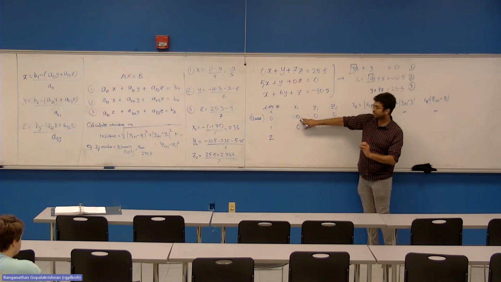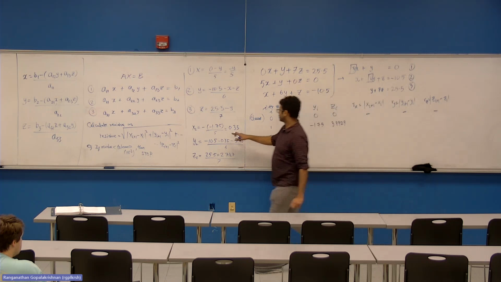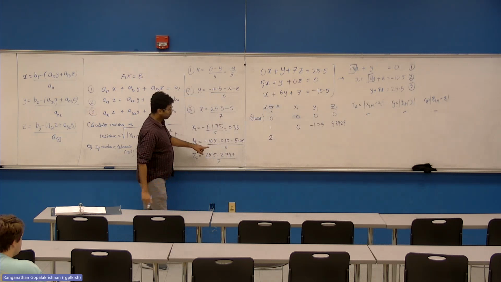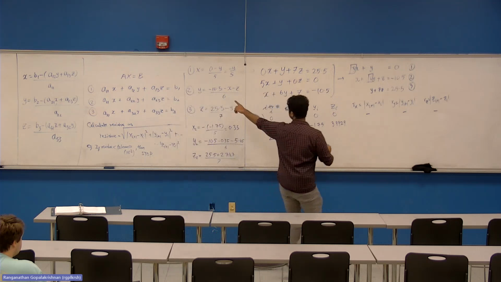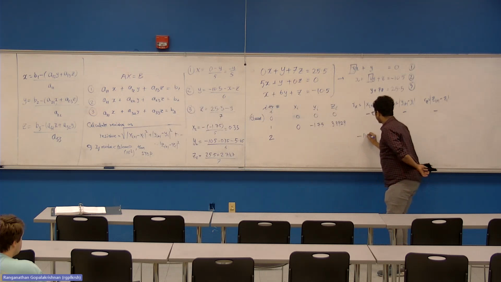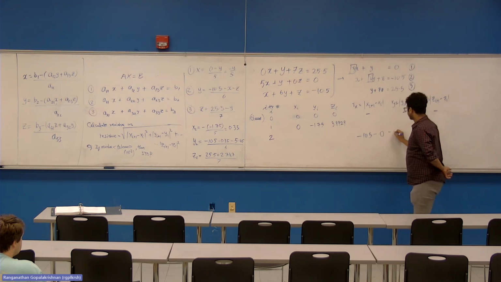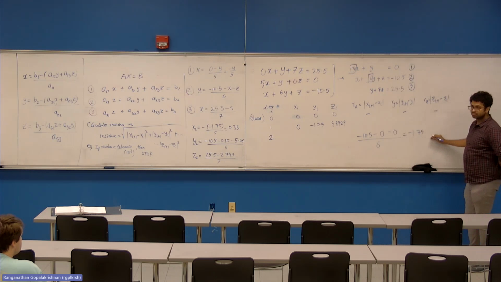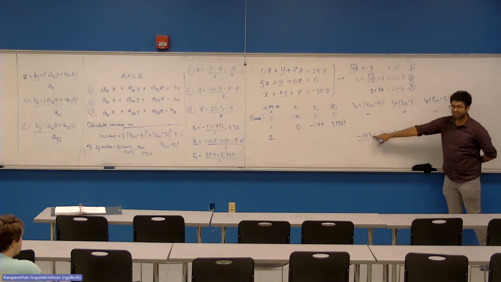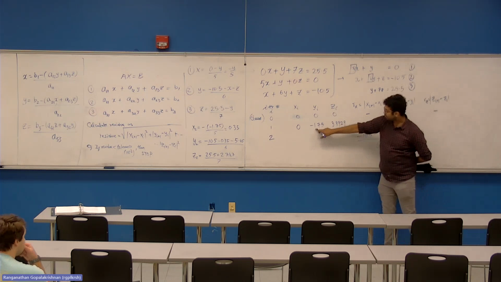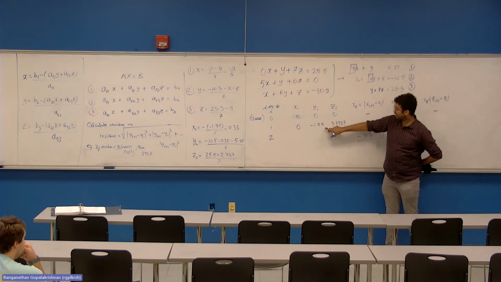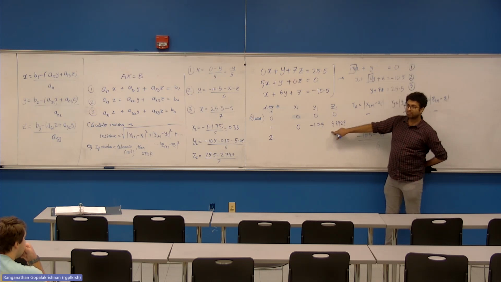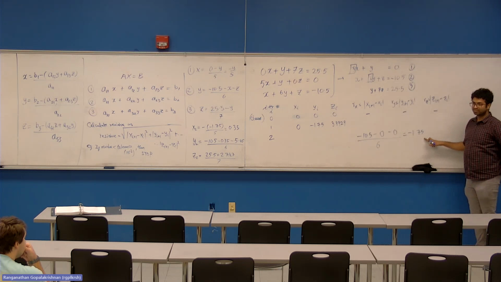So when you take minus 10.5 minus 0 divided by 6, this is exactly minus 1.75. There are no more digits. If you multiply these two, you will get exactly minus 10.5. That is why we are writing it with only 2 decimal points. There is no meaning to writing it as 1.7500 because it is only minus 1.75.